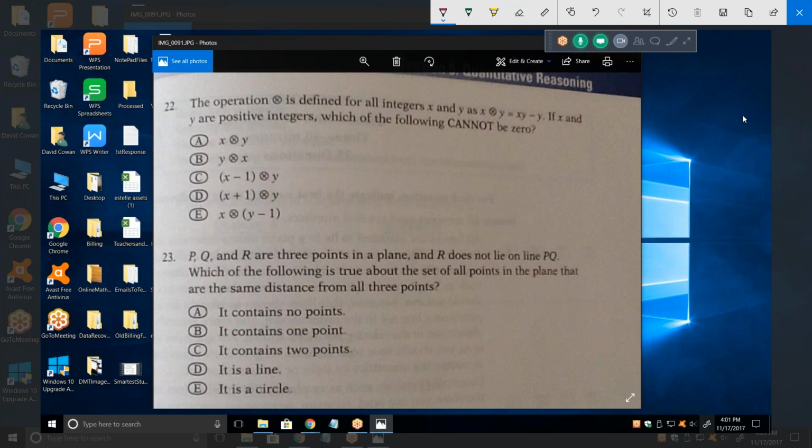Well, D says whatever thing is on the left is x plus 1 times the thing on the right, minus the thing on the right. And that again is y times x plus 1, minus 1, which is x, right?